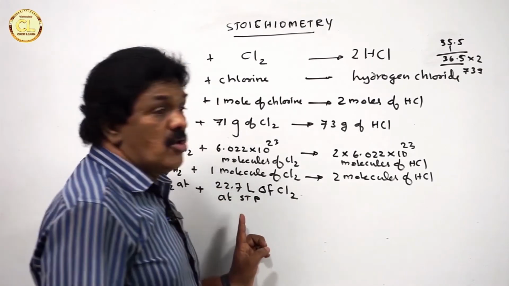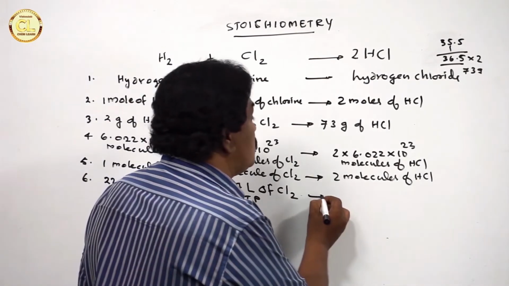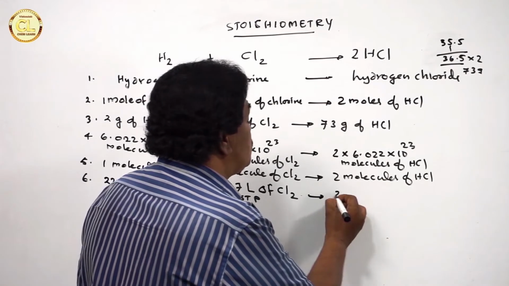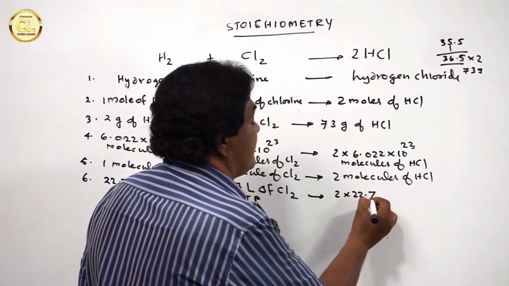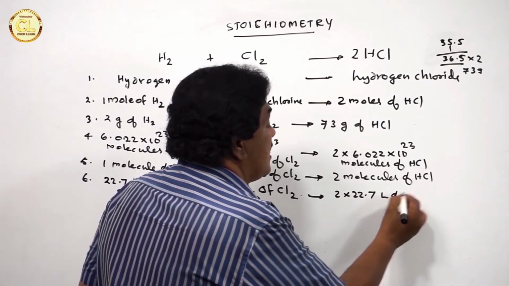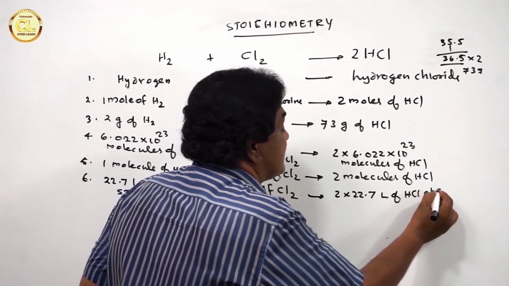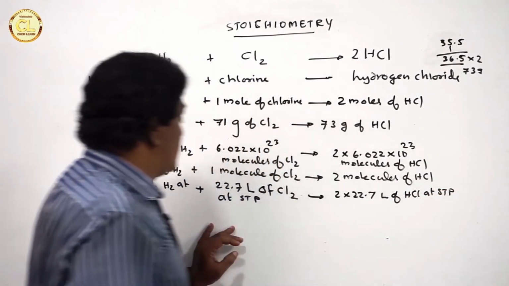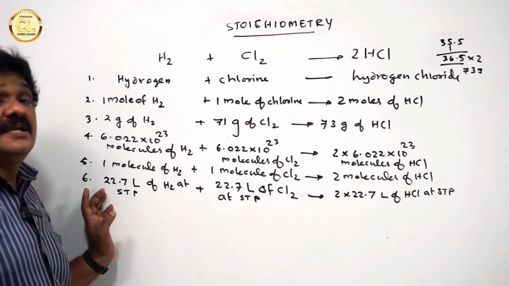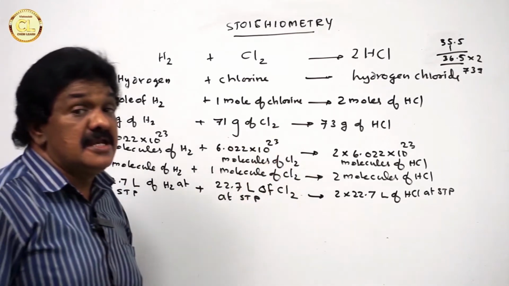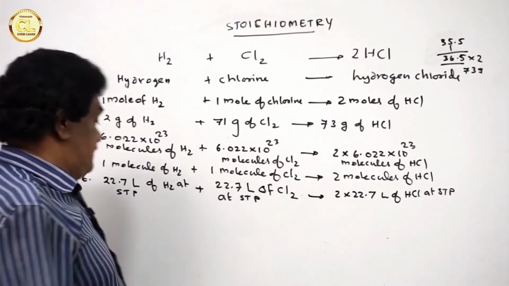There is 1 mole and there are 2 moles of hydrogen chloride, so 2 into 22.7 liters of HCl at STP. This is the quantitative meaning in terms of molar volume.